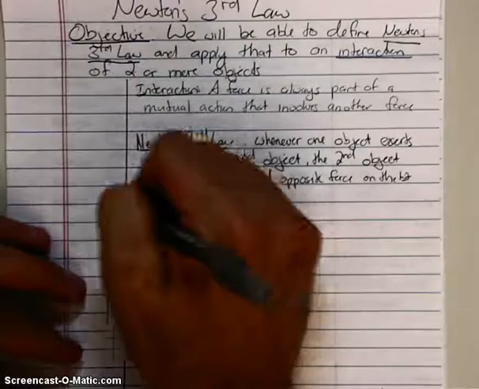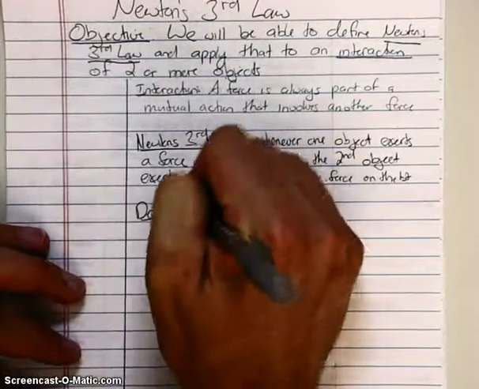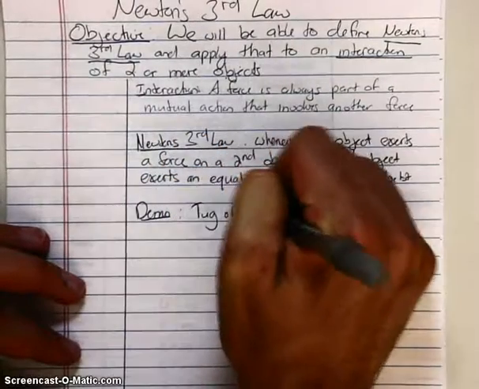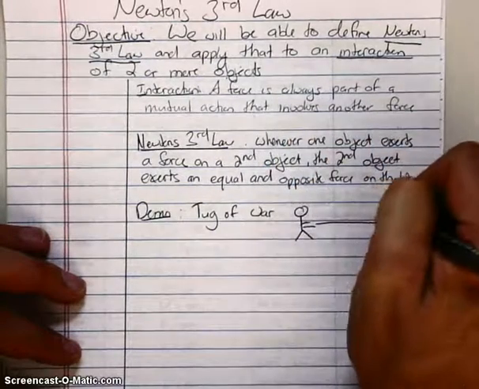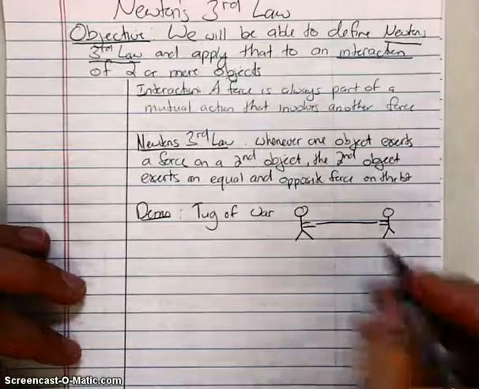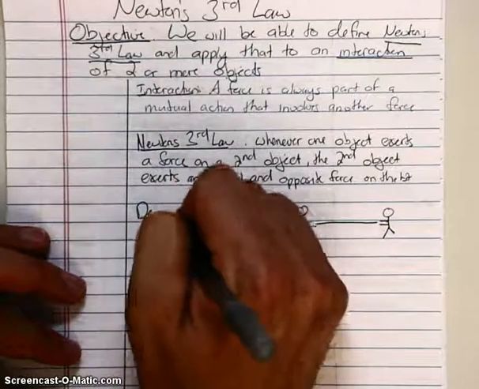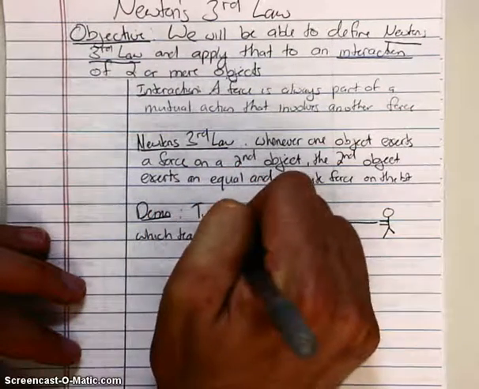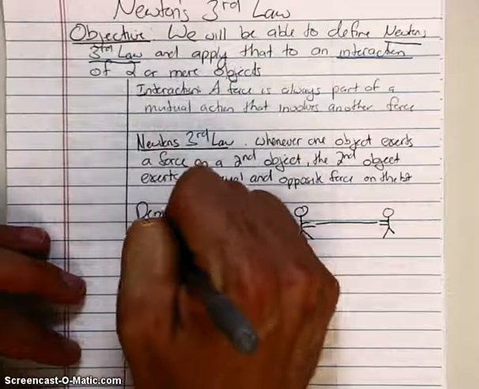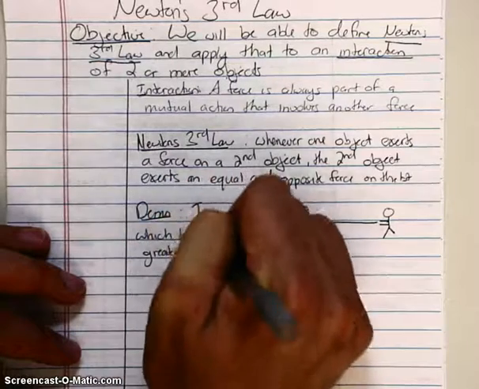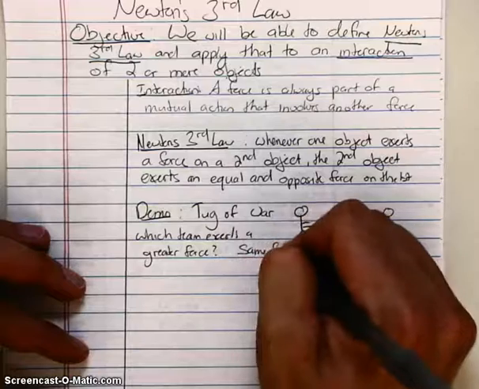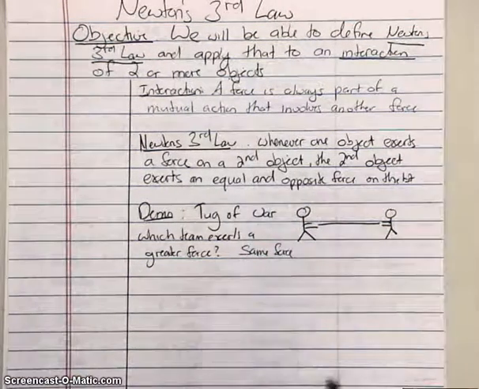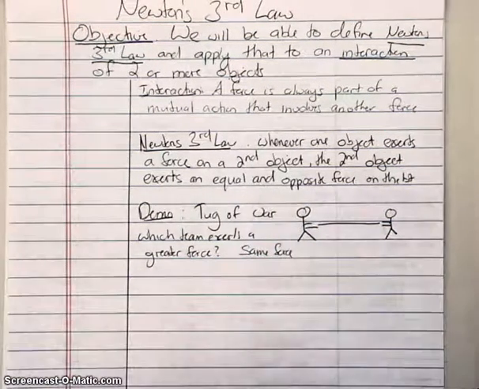Another demo would be tug of war. If 2 people or 2 teams are doing tug of war, which team exerts a greater force? The answer to this question is they both exert the same force. Because however either one of those teams pulls, there's always going to be an equal and opposite force applied.